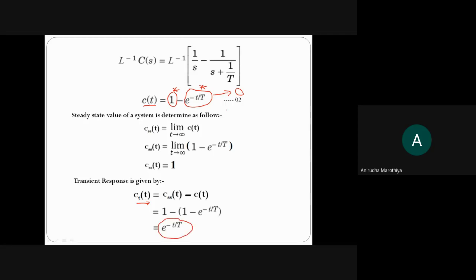So we can say that this particular system is absolutely stable. And finally, at t tends to infinity, the response of the system is exactly equal to 1. This is very important. So this is one technique to determine the value of the steady state response, or the transient response of the control system.